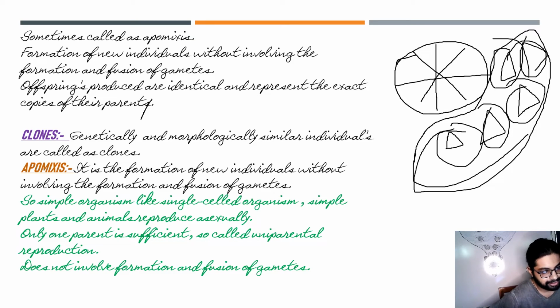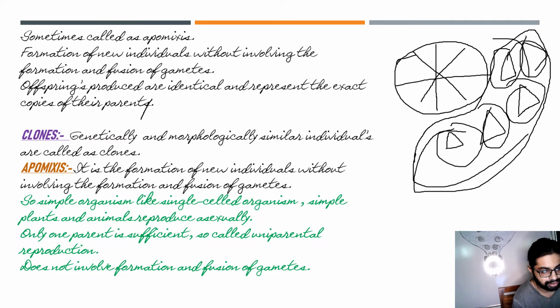Only one parent is sufficient, as I have described earlier, so it is called uniparental reproduction, and does not involve the formation and fusion of gametes. Correct? So this parent itself will produce this offspring.